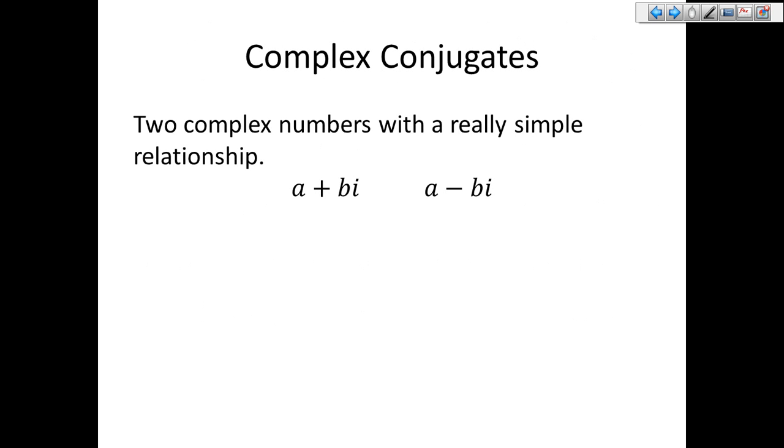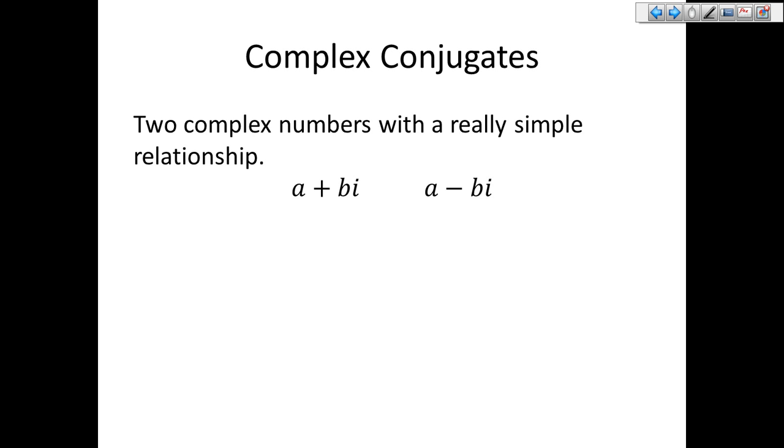Okay, now, these two numbers that we always get in pairs are what we refer to as complex conjugates. They're two complex numbers with a really simple relationship. They have the same real number, the same a, and they have the same imaginary part, that same bi, except it's plus bi in one number, and minus bi in the other number.